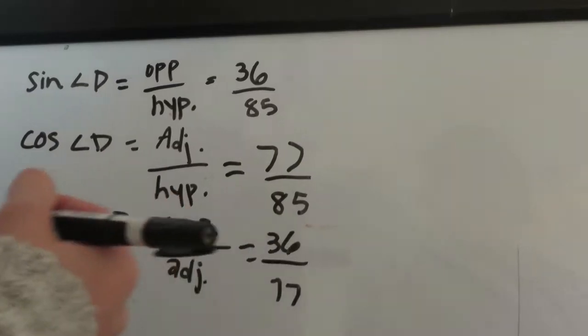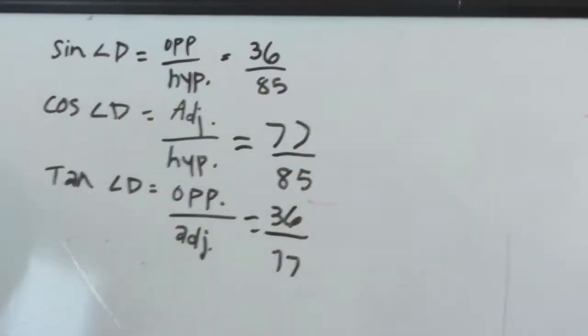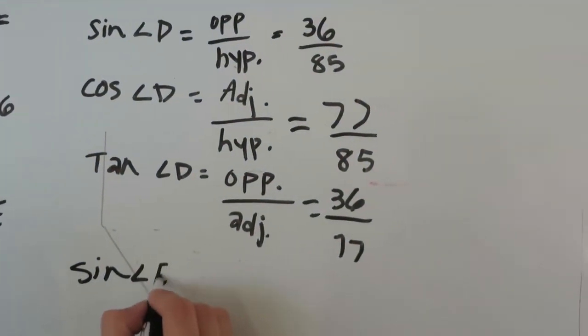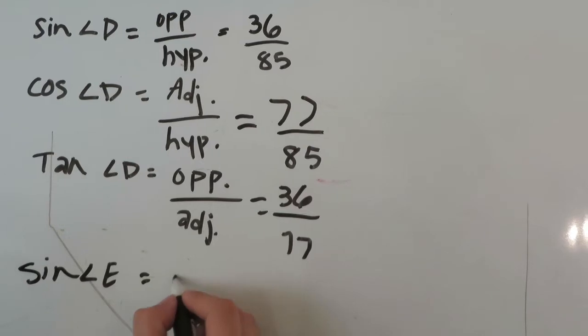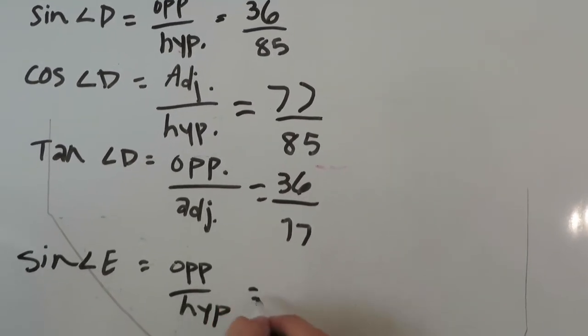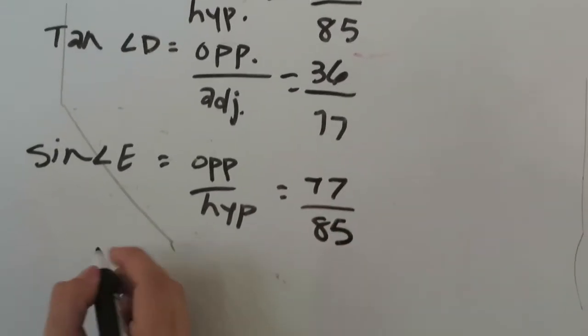Now we're going to do the sine, cosine, and tangent of angle E. So sine of angle E is going to equal opposite over hypotenuse, which equals 77 over 85.